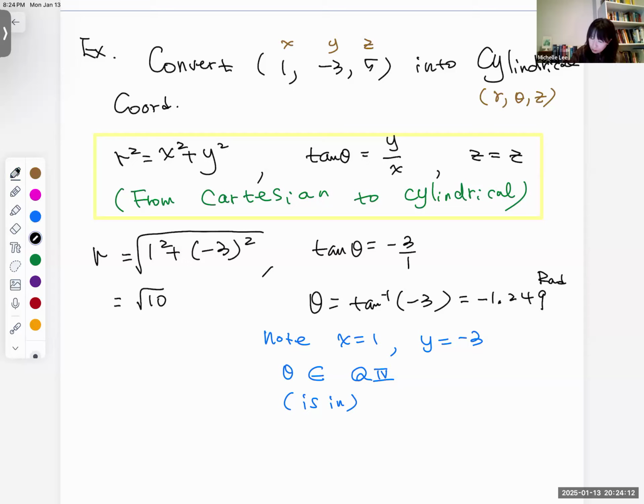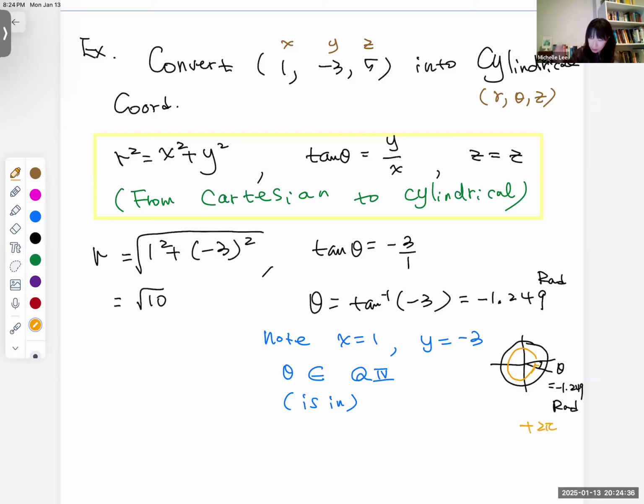So look, this will be angle theta, negative 1.249 radians. Okay, if we add 2 pi, right?